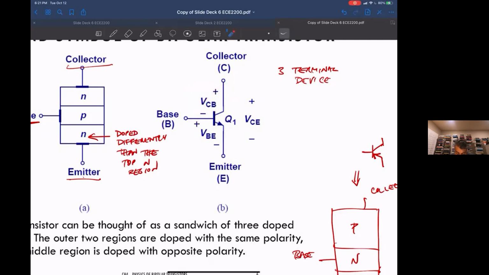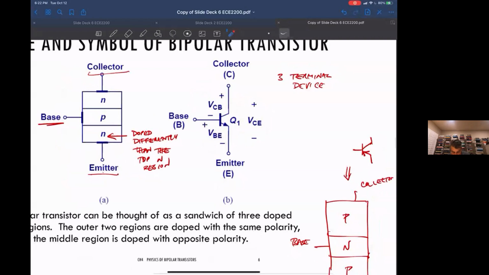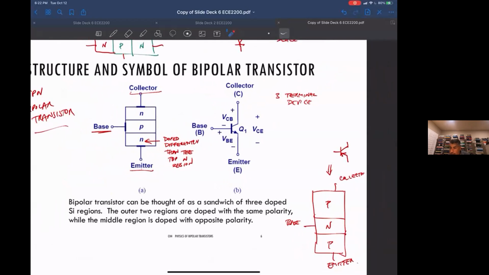And then there's the voltage between the collector and the emitter, VCE. Notice VCB plus VBE gives you VCE, but it's useful to have VCE as well. Those are the shorthand notations for these voltages, because we'll be talking about them over and over again.